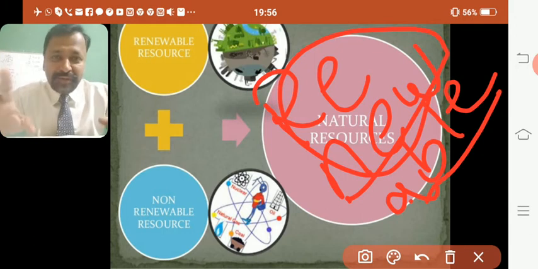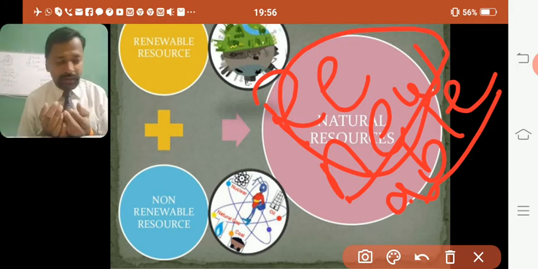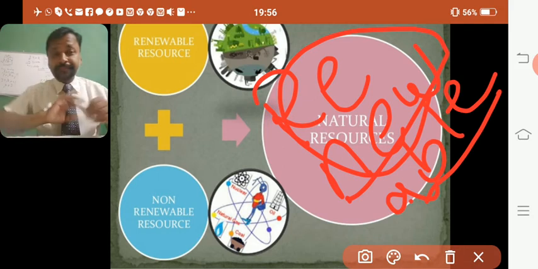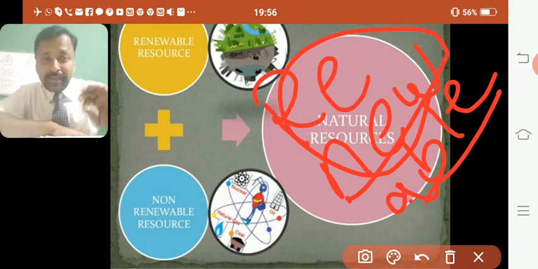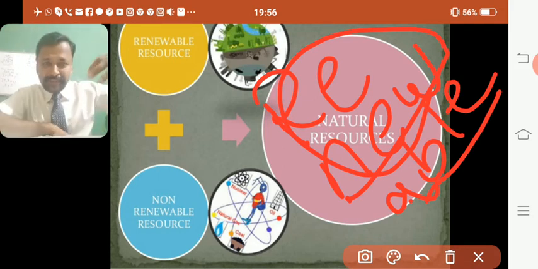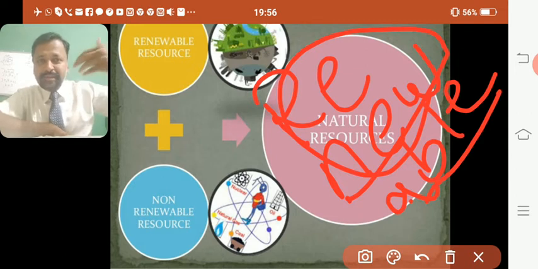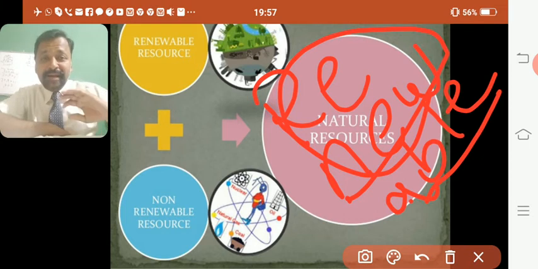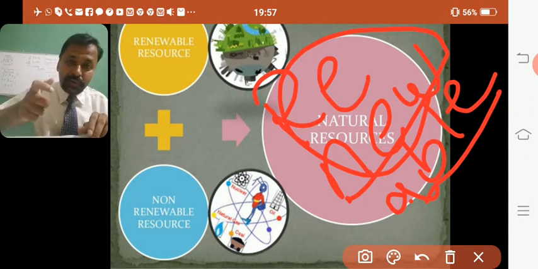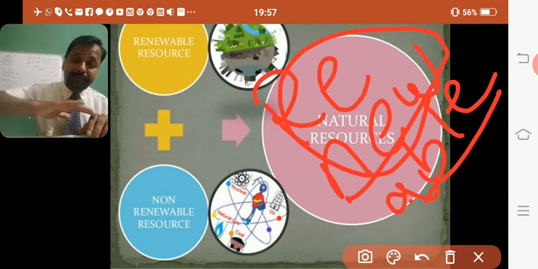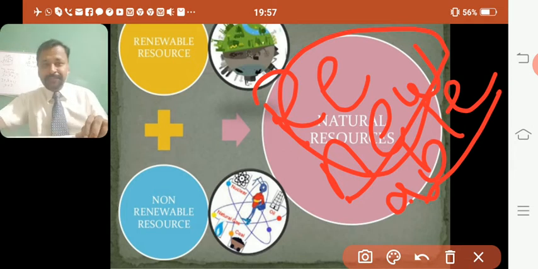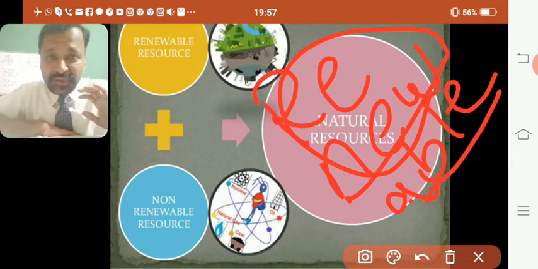If I ask about coal, there is a coal mine. If I take out the coal, after some years that coal will be depleted. It will exhaust. There will be no coal remaining there. So it is non-renewable because the formation of coal takes millions of years.